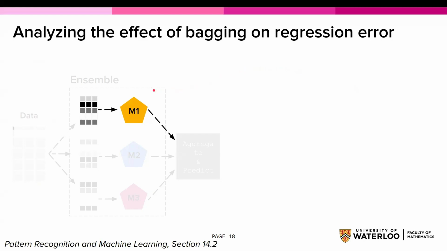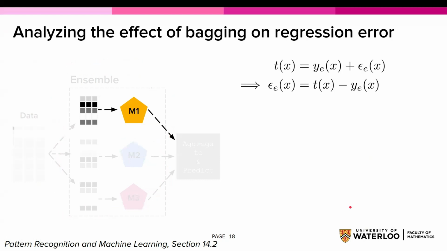In this schematic, this is the individual model here, trained on one bootstrap realization, and then the predictions are aggregated to form the final ensemble prediction. What we're interested in is how this individual error would compare to the combined error for the full ensemble.